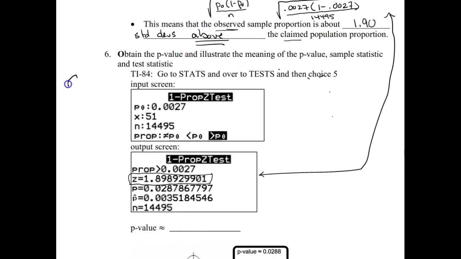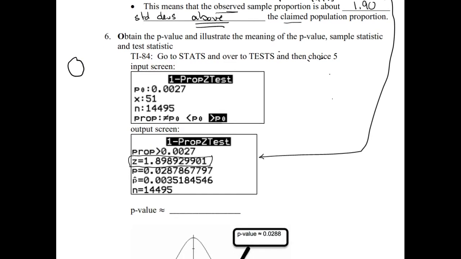The next letter in PHANTOMS is O, which stands for obtain the p-value. Then we're going to make a picture to make some sense out of all of these numbers. On the TI-84, you go to the stats screen and right arrow over to tests, and next to choice 5 you'll see 1-PropZTest. On that input screen next to p0 we put in 0.0027 from the hypotheses.